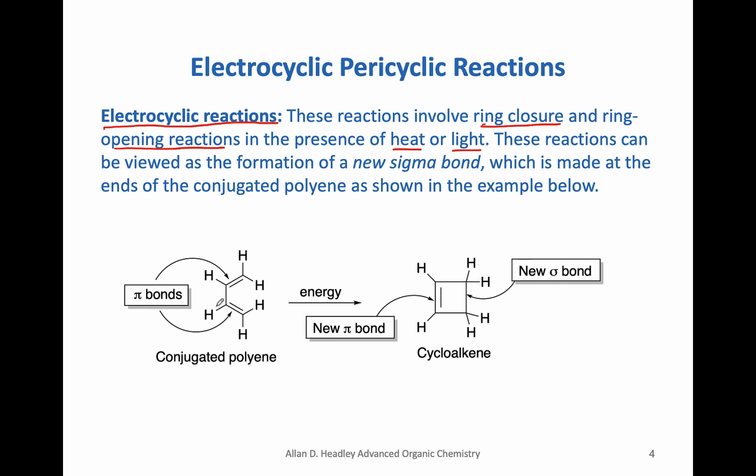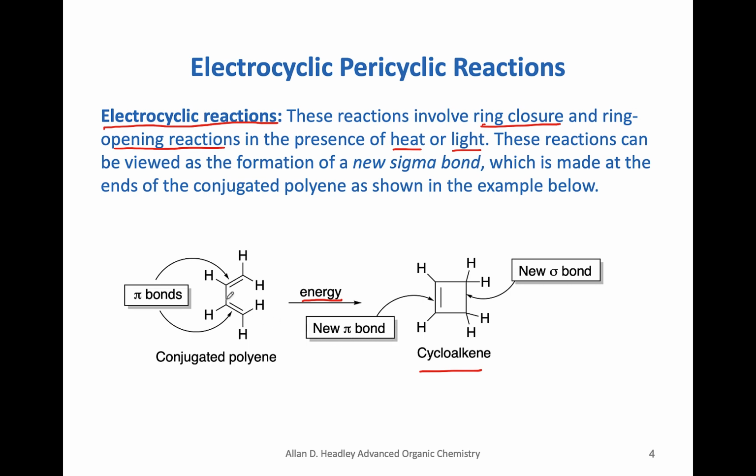So here's a conjugated polyene. And here's a double bond, here's a double bond in conjugation. In the presence of energy, this product is isolated, the cycloalkene here. In this case, it's a cyclobutene.